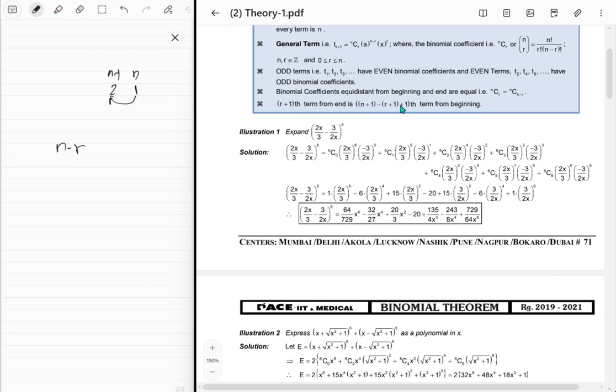Oh, okay. So this is from the end, and this is the term from the beginning. Oh yeah, the thing is, this is n plus 1. Sorry, this is like n plus 1 minus 1, and that's why actually it should be n plus 1 minus r for this particular case. But generally we go till the nth term.